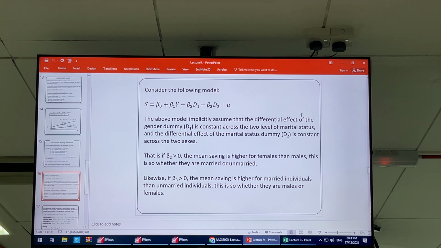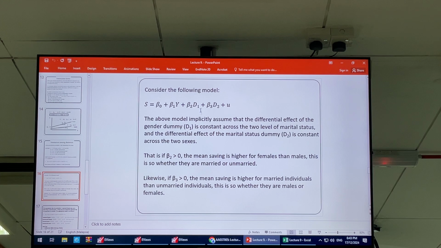So consider, let's say, we have two dummy variables, one for gender and one for marital status just now. We have these two categories only, without interaction. The above model implicitly assumes that the differential effect of the gender dummy is constant across the two levels of marital status, and the differential effect of the marital status dummy is the same across the two genders.